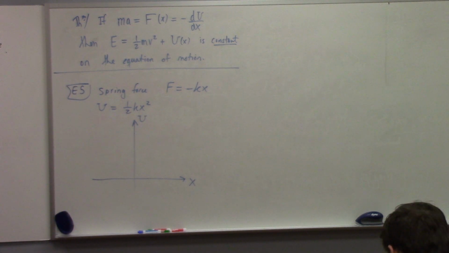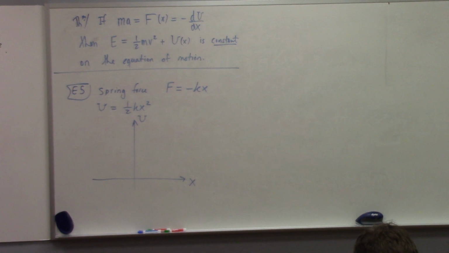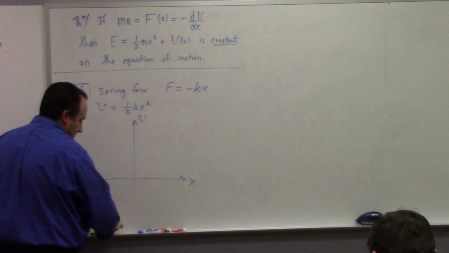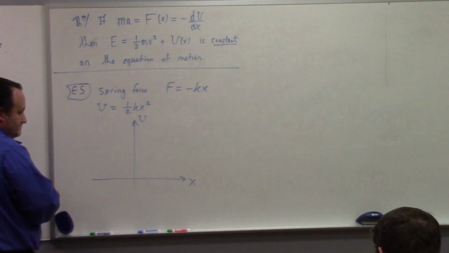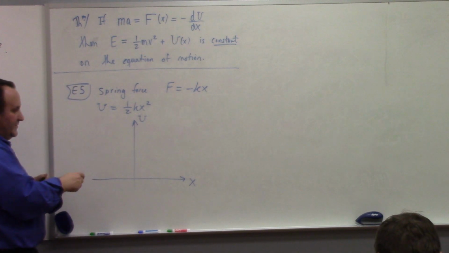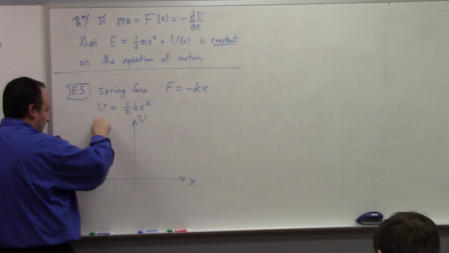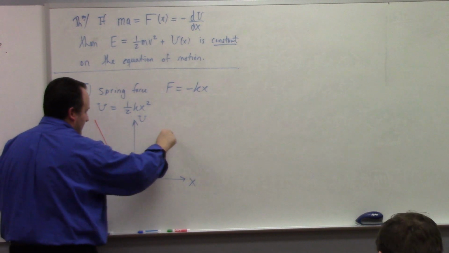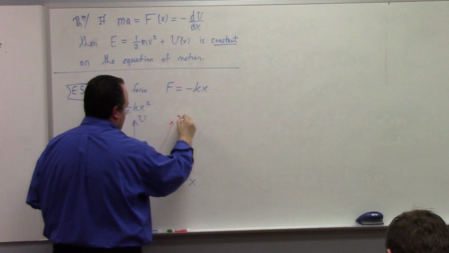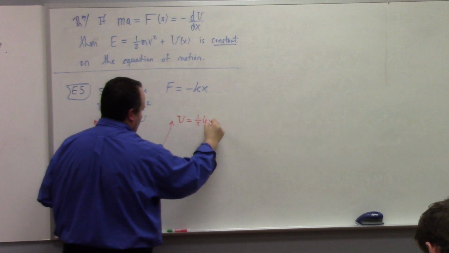This is pretty easy to do. For the spring, what's it look like? 1/2 kx squared, what's that? That's a parabola, right? Quadratic. It's something like this. So there you go. This is U equals 1/2 kx squared.